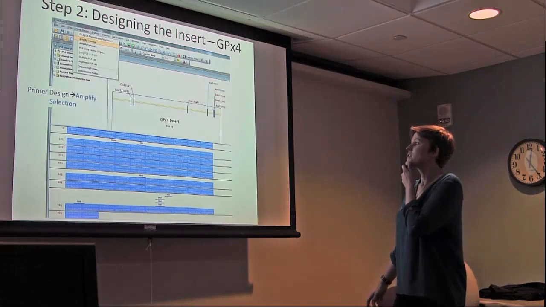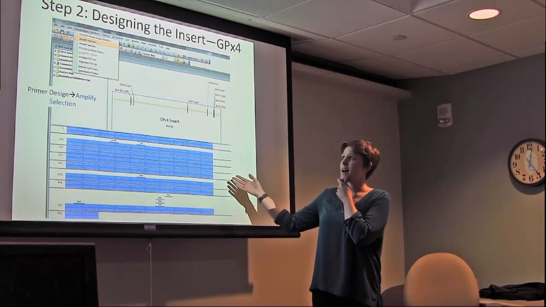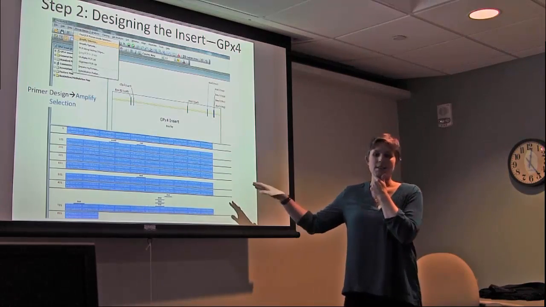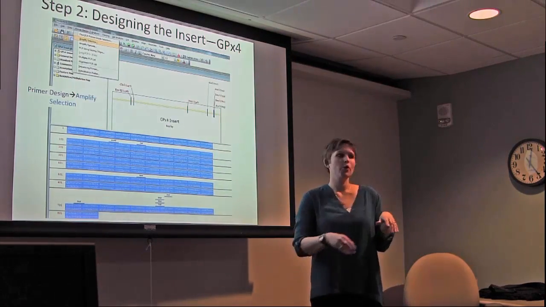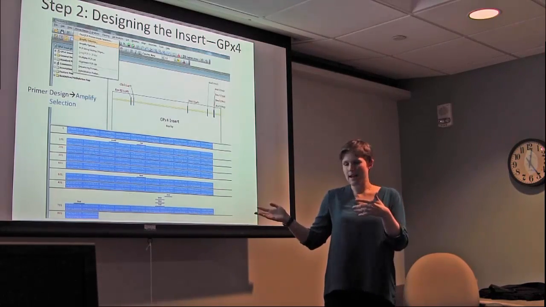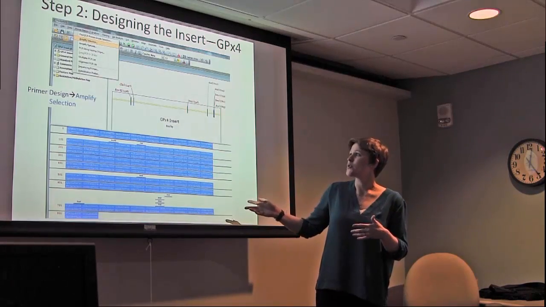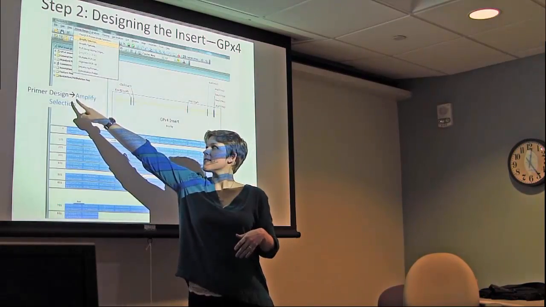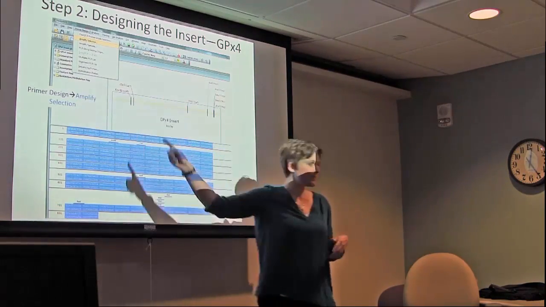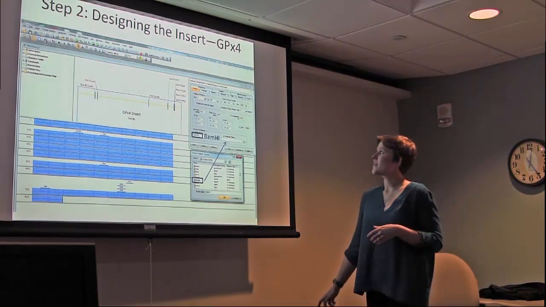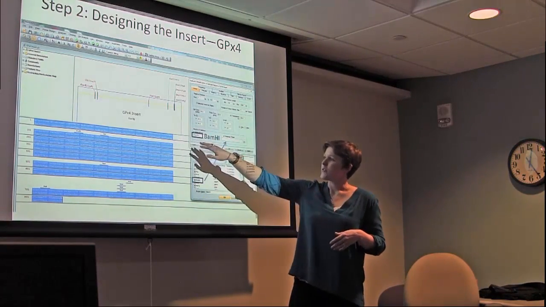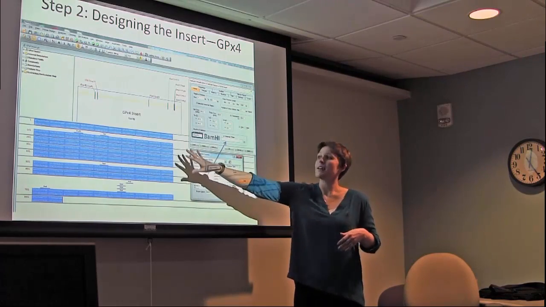Okay, so in order to design this insert, you can use Vector NTI, which is great. If you put your gene of interest into Vector NTI, and then you go to primer design, amplify selection, you've highlighted your gene of interest, so it's going to amplify that.